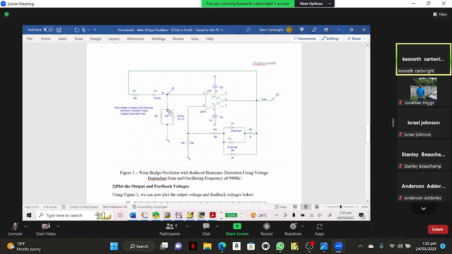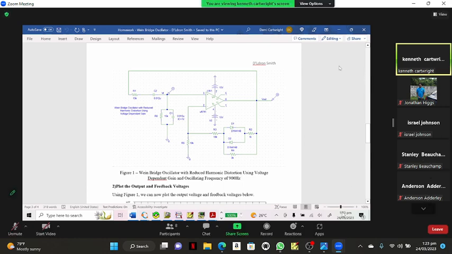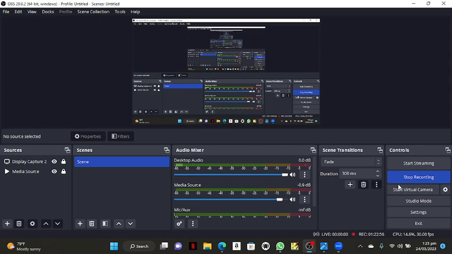I'd be showing you the design right here. But I'm good. The highest we go up to is 800 hertz. Any questions, any concerns? See you all on Wednesday.